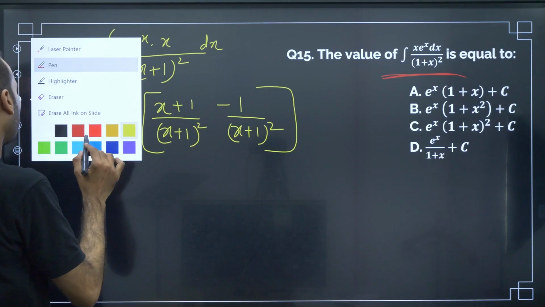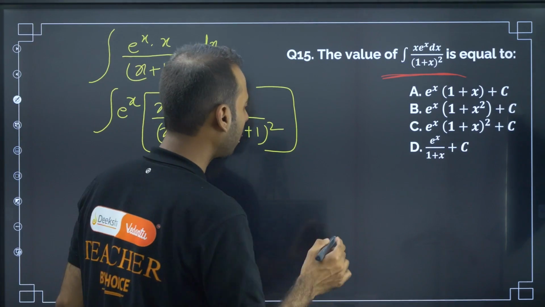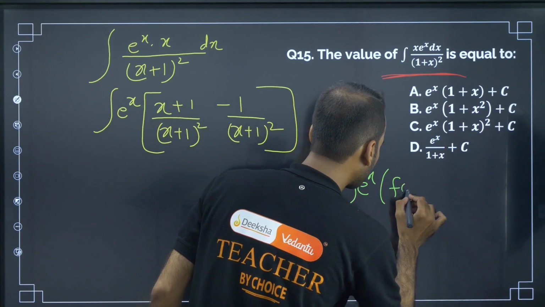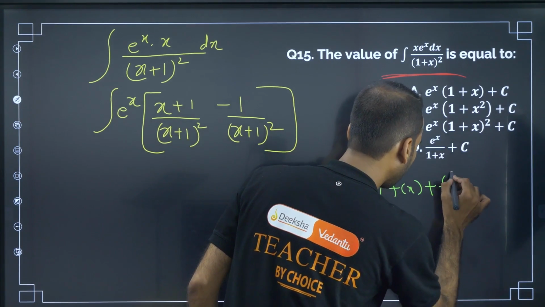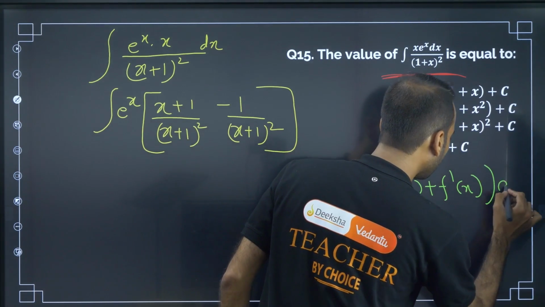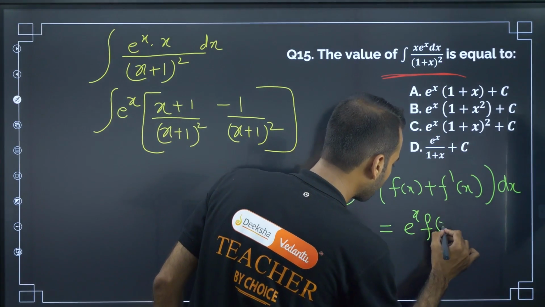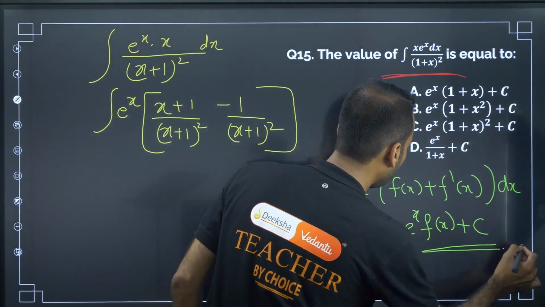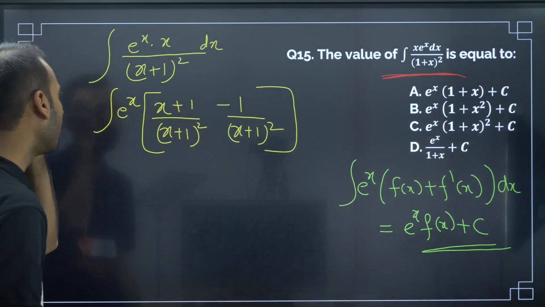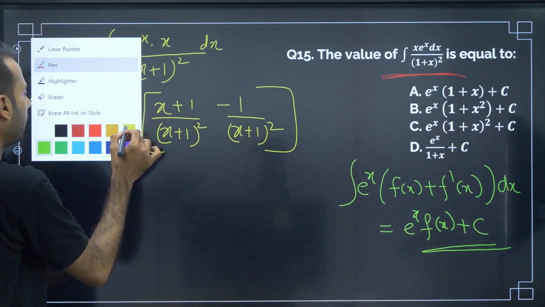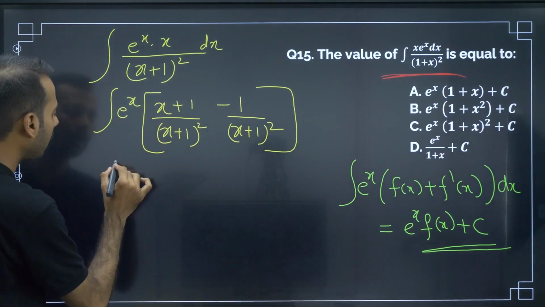Now one synopsis point you should be able to recall at this point. Integration of e raised to x times f of x plus f dash of x dx is equal to e raised to x f of x plus c. So now let me simplify this. Now that is the synopsis point.